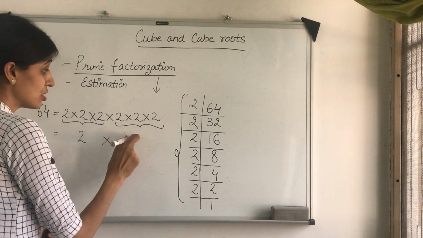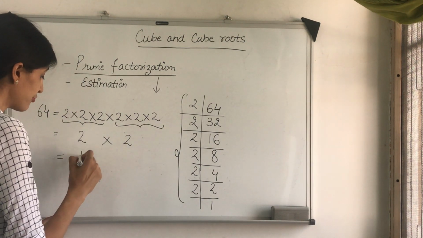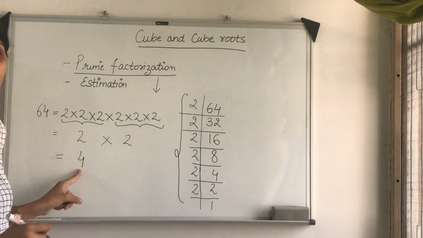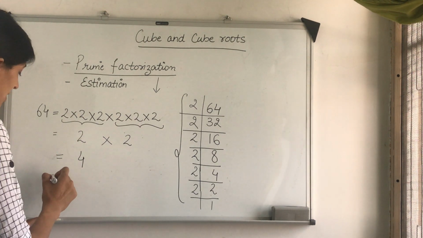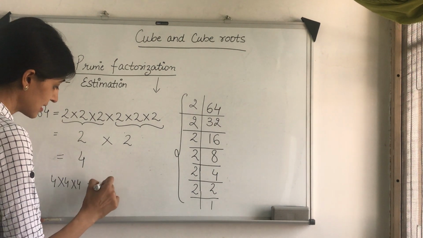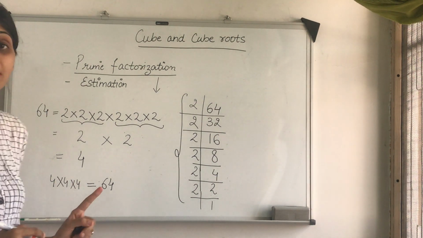From this triplet also take a single number outside. 2 2s are 4. So this is the cube of 4. You can check. 4 into 4 into 4 is 64. 4 4s are 16, 16 4s are 64.